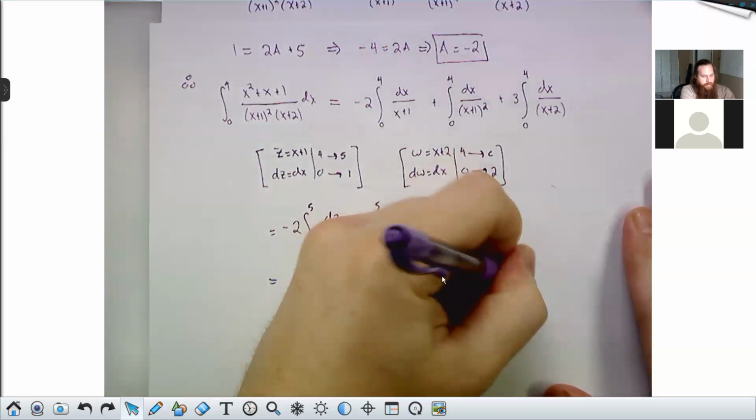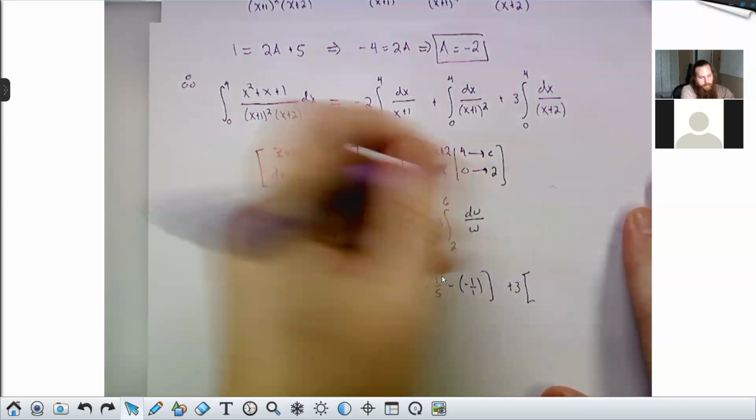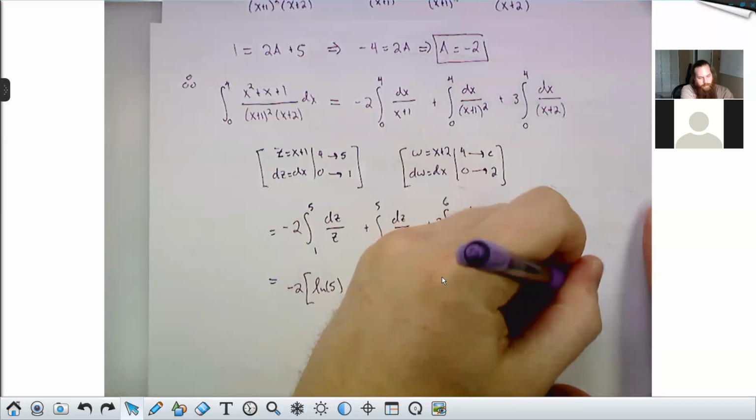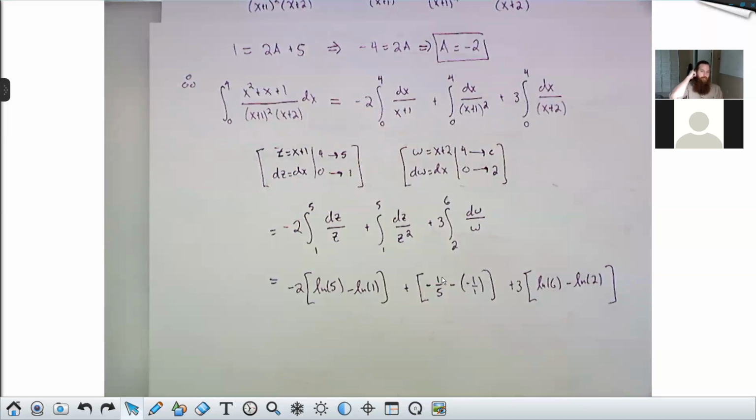And then the last guy is also going to be a natural log. It'll be the natural log of 6 minus the natural log of 2. So I'm kind of combining the antiderivative step and the evaluation step here because we're so familiar with these antiderivatives. We know these guys.